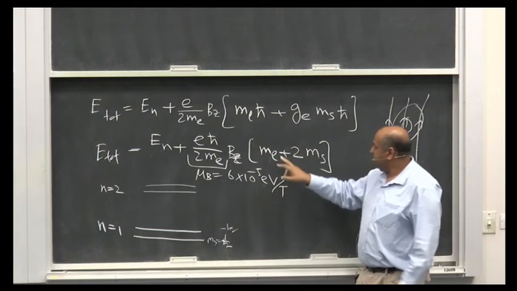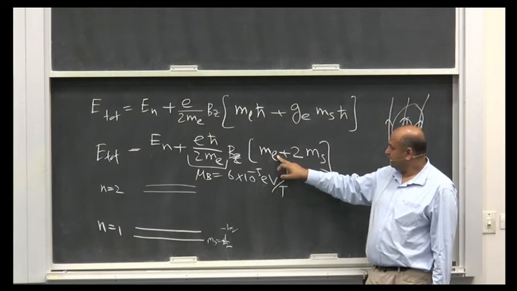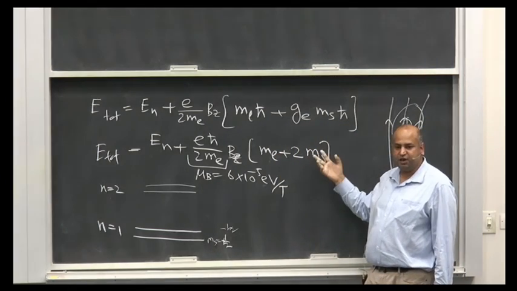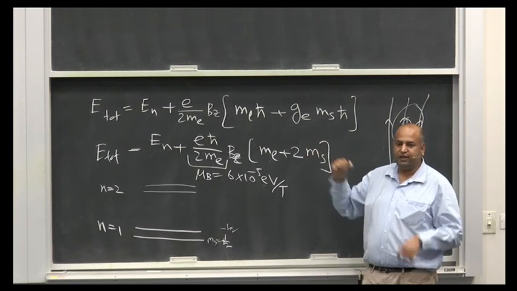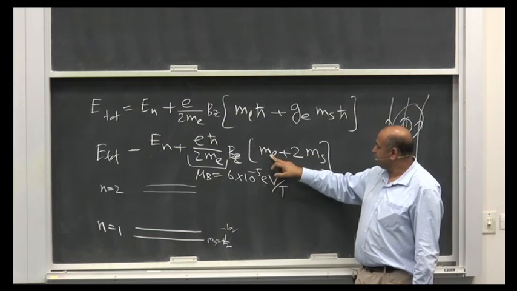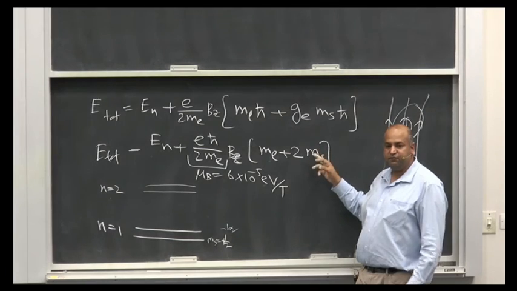And then when ML is equal to 1 and MS can still be plus minus half, तो आपके पास दो लेवल और आ जाएंगे. And when ML is minus 1 it can still be plus minus half, और दो लेवल और आएंगे.